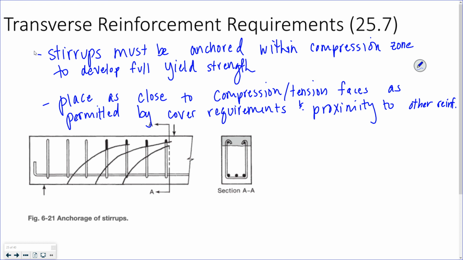This is like my compression zone right here. I'm anchoring it, especially with that little bend right there, helping to develop its strength, not length.